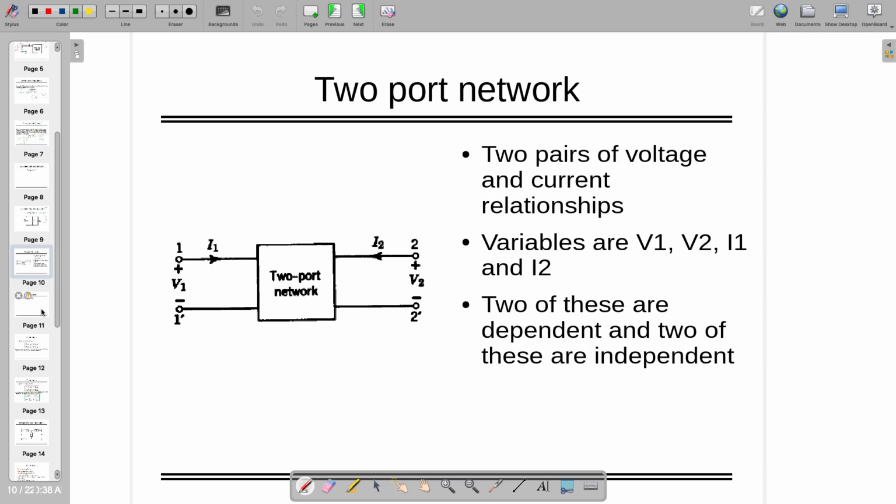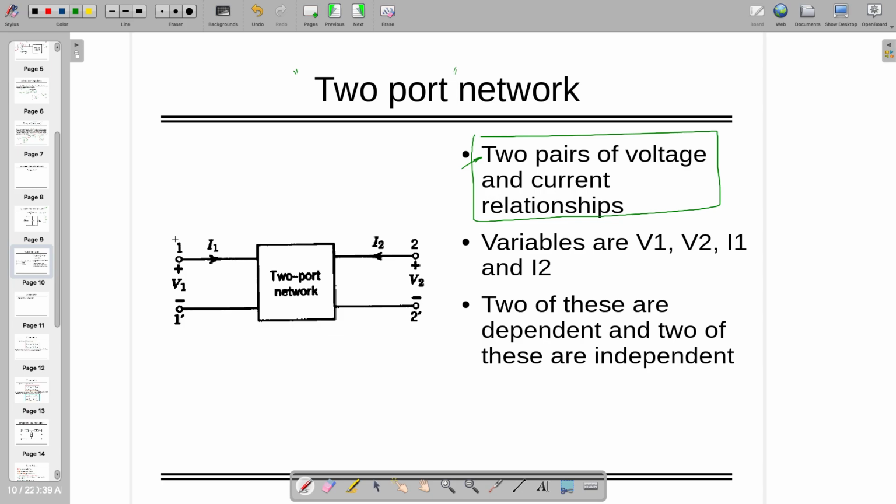So if you have a network which is going to have two pairs of voltage and current relationships, instead of one relationship, if you have two relationships, then that particular network is known as a two port network, right?